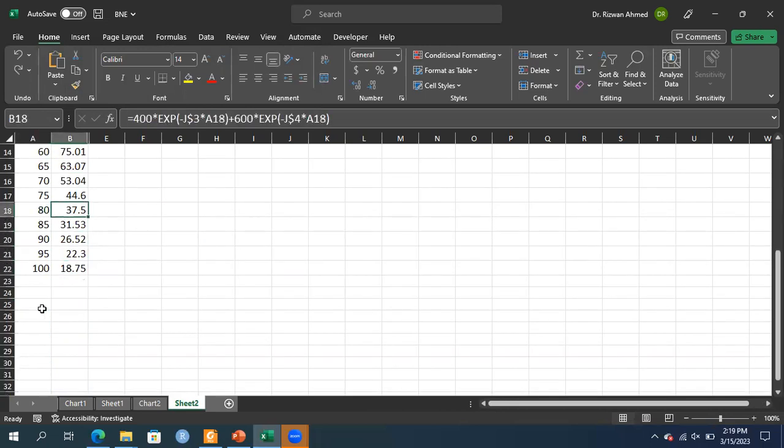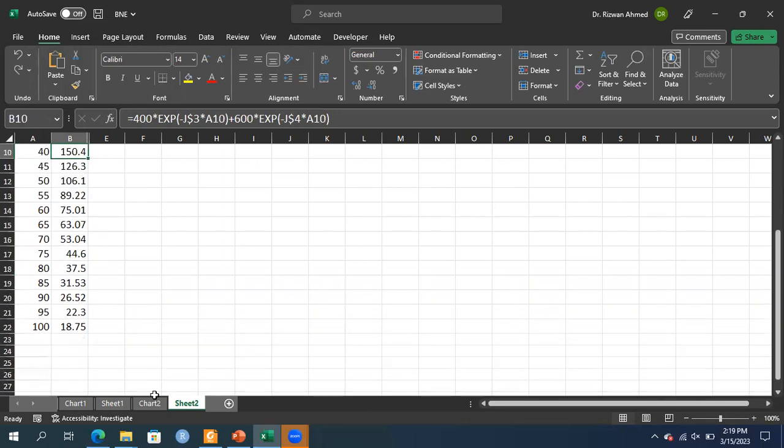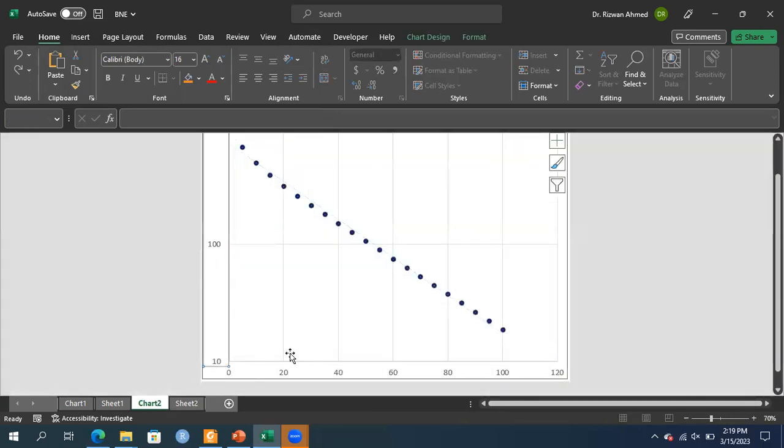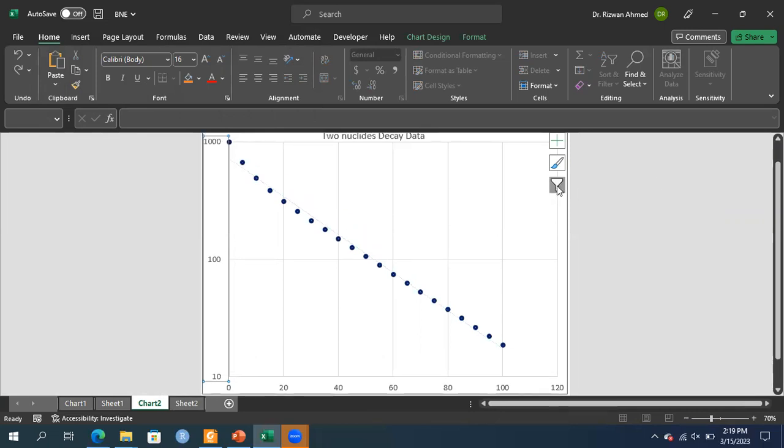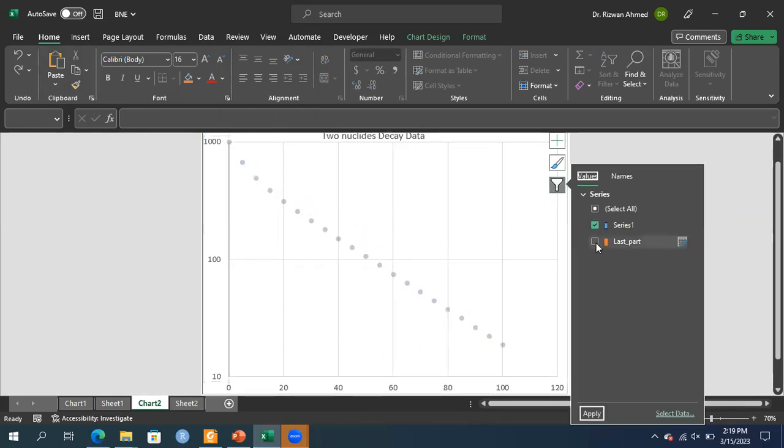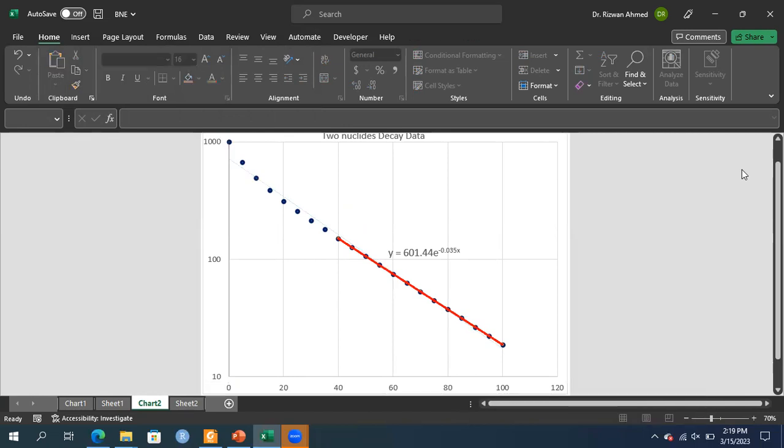So the final part, again on the same paper, for the time being I can just activate that data. So I show the last part and apply, and this part turns out to be a straight line.